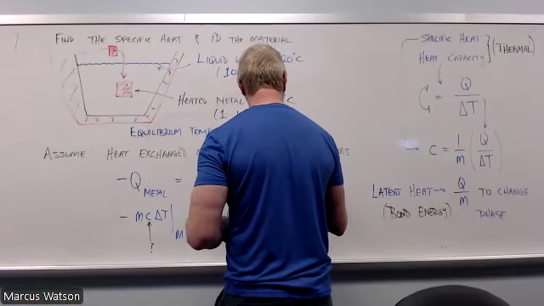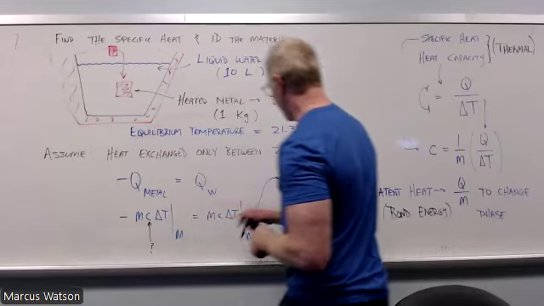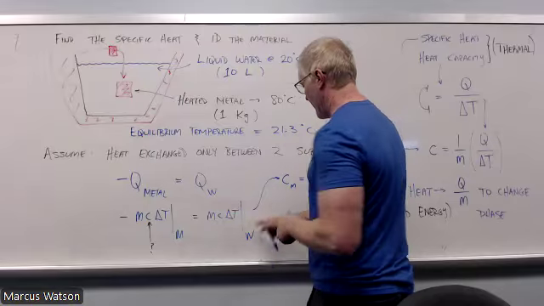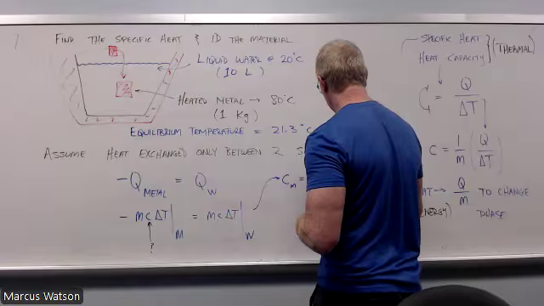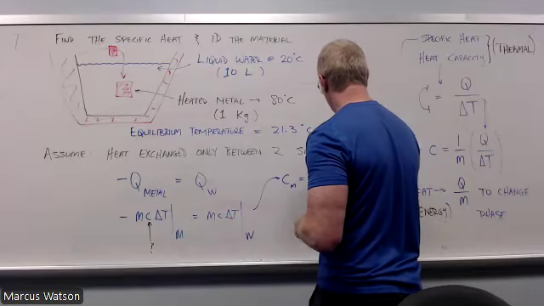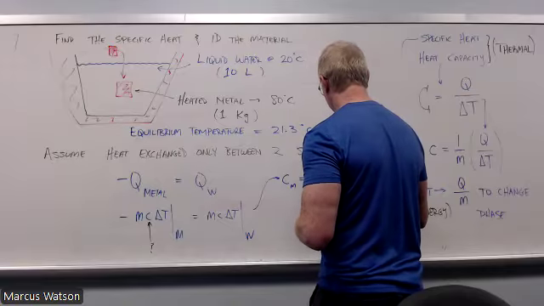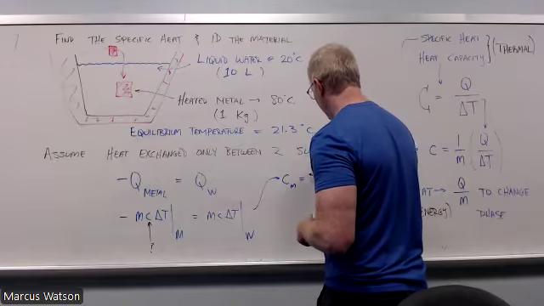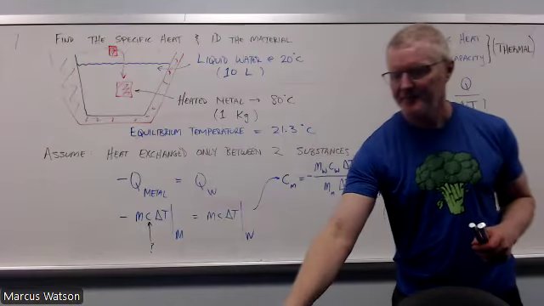So here I've got C of the metal is then going to be equal to swing all of this stuff underneath. I'm now going to put the W on each one of these just to make it a little bit easier to find out what's going on here. Mass of the metal, delta T of the metal, and I need a minus sign in here, like so.